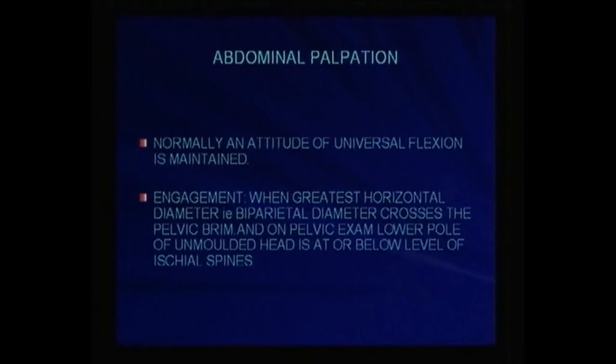What is engagement? When the greatest horizontal diameter in a fully flexed head, that is the biparietal diameter, crosses the pelvic brim, we call it engagement. And on pelvic examination, for the same patient who has a head which has been engaged, the lower pole of the unmolded head, mind you unmolded, would be at or below the level of the ischial spines.